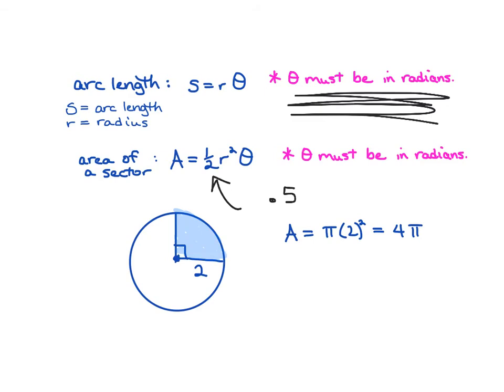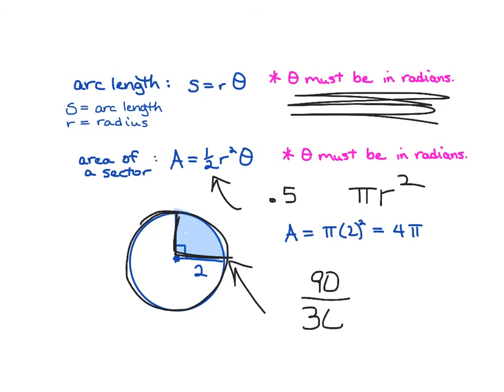You're using your calculator for these formulas, so it doesn't really matter. Now, remember the formula for area of an entire circle is pi times radius squared. So if it asks me to find the area of this sector, what I would be doing is finding the area of the entire circle and then multiplying it by the piece that's there, which is 90 degrees.